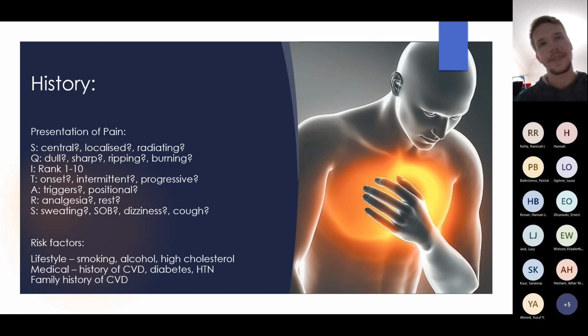So to start off with the S, what sort of things would you be asking about the site of pain if someone came in with it? If you'd like to, put any ideas in the chat.